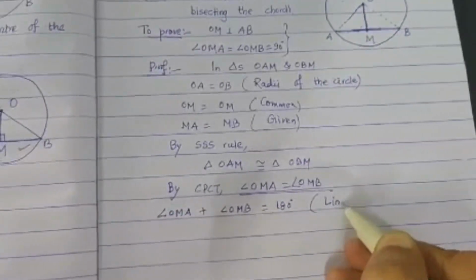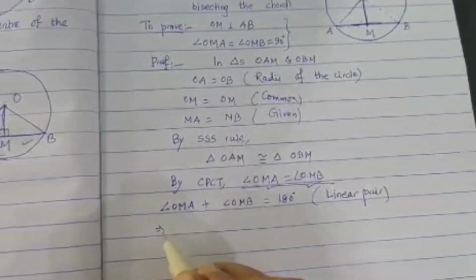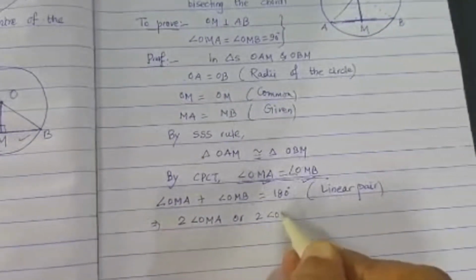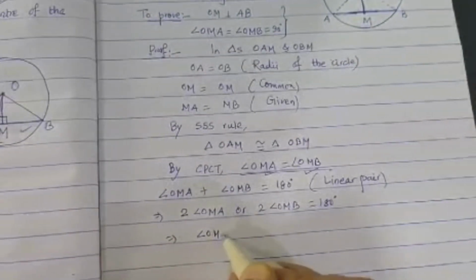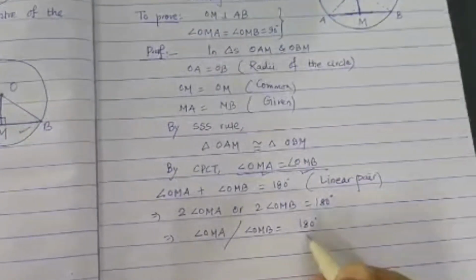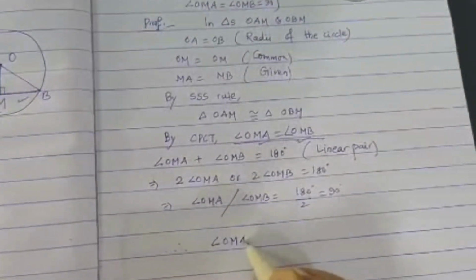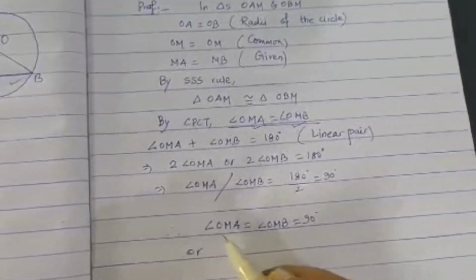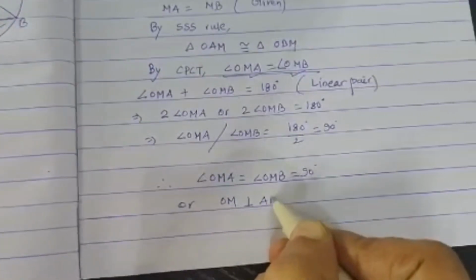Since these two angles are equal, twice angle OMA or twice angle OMB is equal to 180 degree. This implies angle OMA or angle OMB is equal to 180 by 2, that is 90 degree. Therefore angle OMA equal to angle OMB equal to 90 degree, or OM is perpendicular to AB.